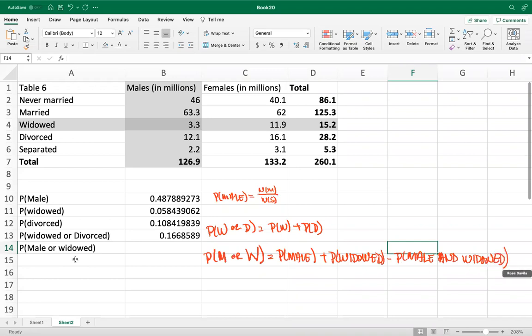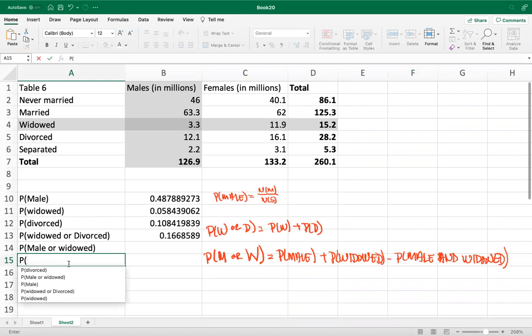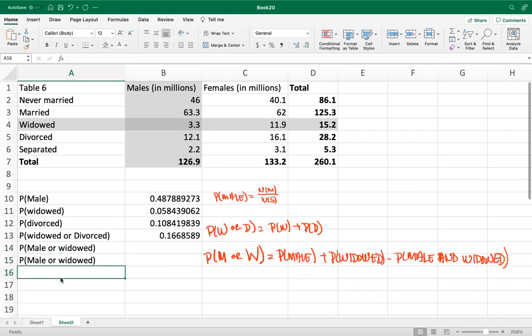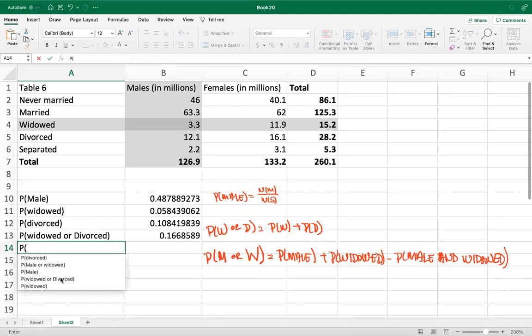And now because of that, we have to get one more category. So here, the probability of male or widowed. Up here, we have to look at the probability of male and widowed. So that probability is going to come right over here.